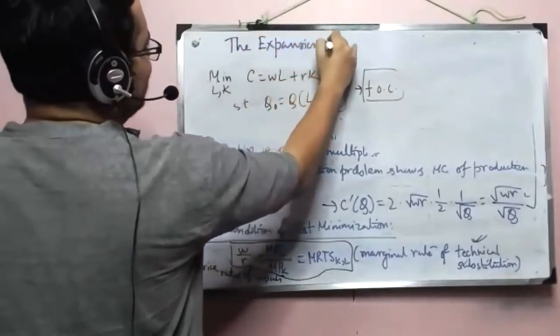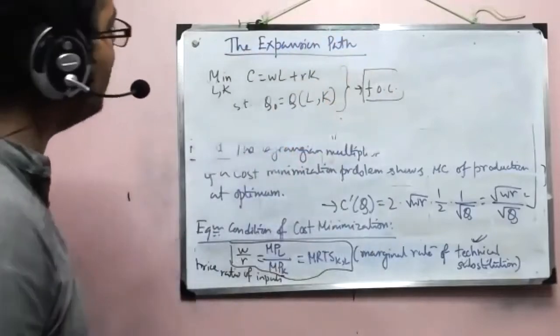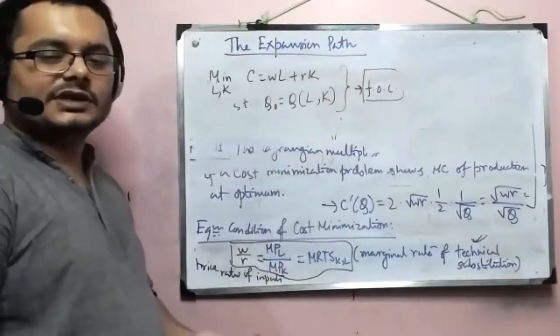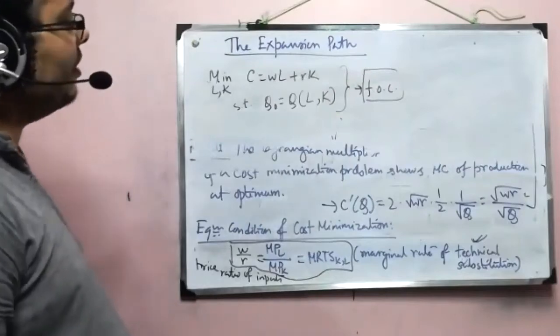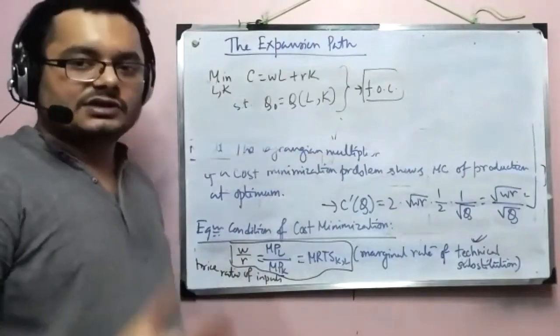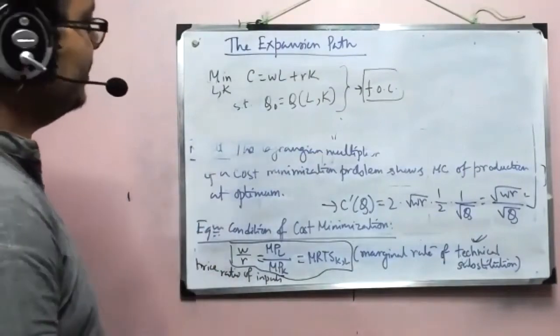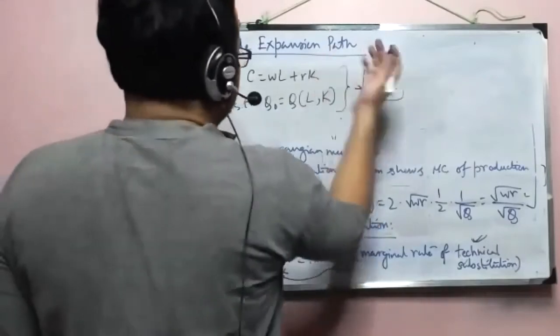The name is pretty simple. Because if a firm is increasing quantity, it means the firm is expanding. So the optimal or minimized cost associated with that expansion in production is called the expansion path. If you go by English, that's what it means.